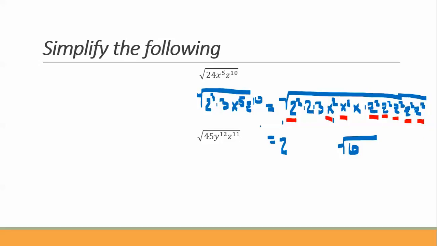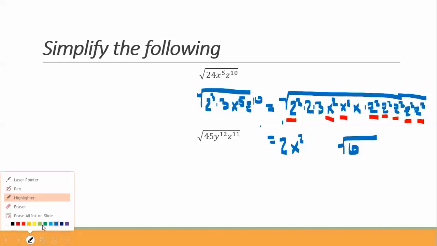Now we have the square root of x squared, and we have the square root of x squared. The square root of x squared is x, and this square root of x squared is x. So it's x times x, which is x squared. Let me do that in green right above.